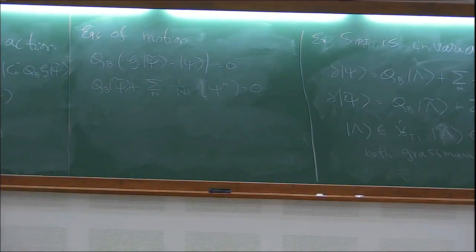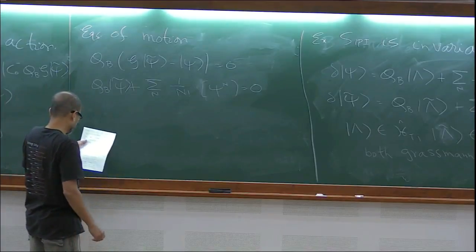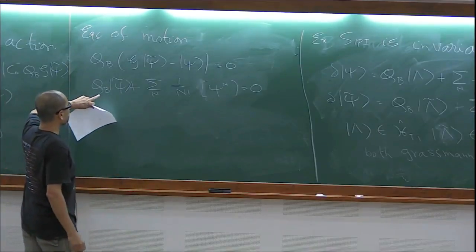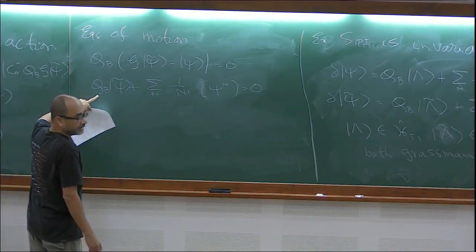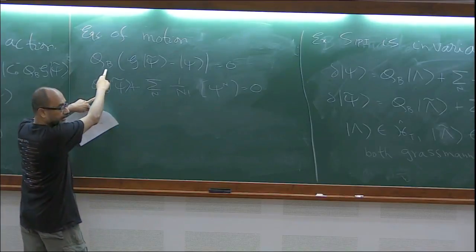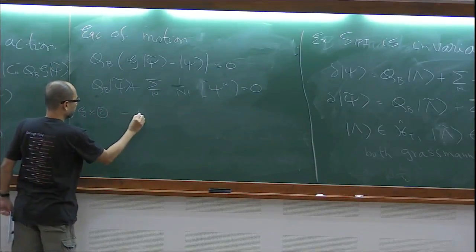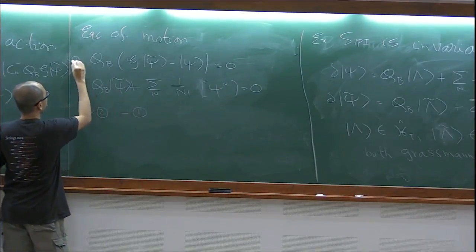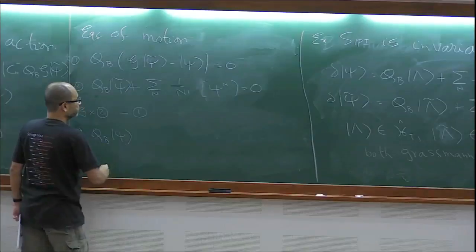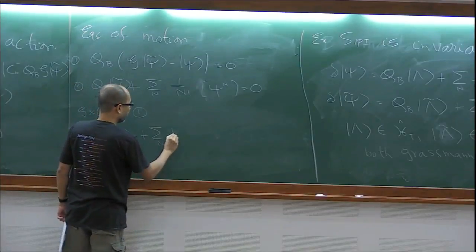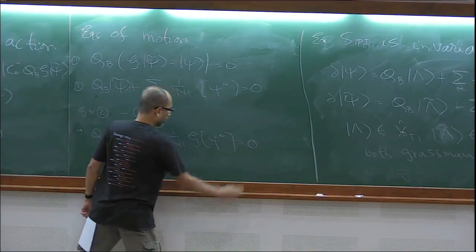From here you can in fact show that one set of fields is free, the other one is interacting. The way to do that is that you multiply this one by G, and subtract the first one from there. This times G minus this, so G times 2 minus 1, this is 1, this is 2, gives you QB psi plus sum over n, 1 over n factorial, G psi to the n, equal to 0.